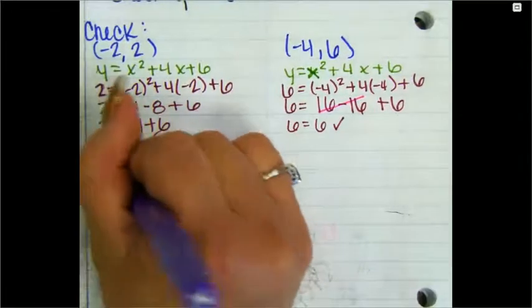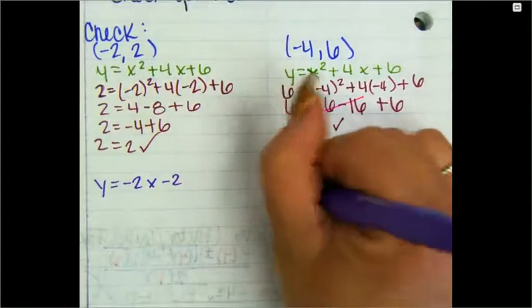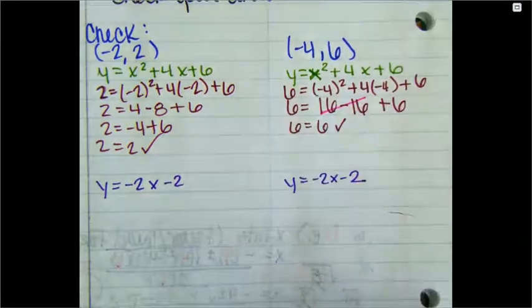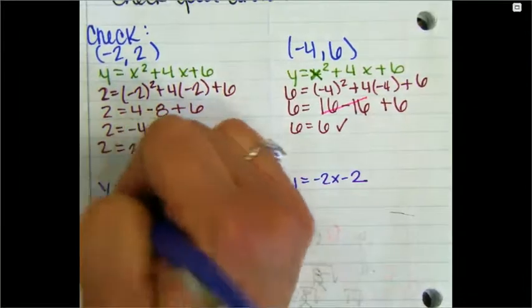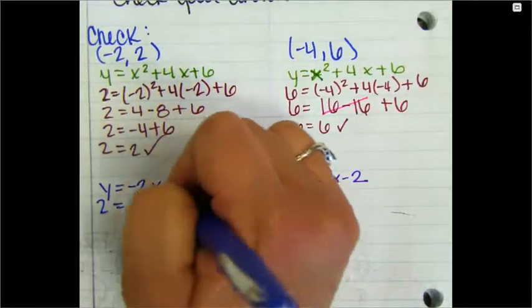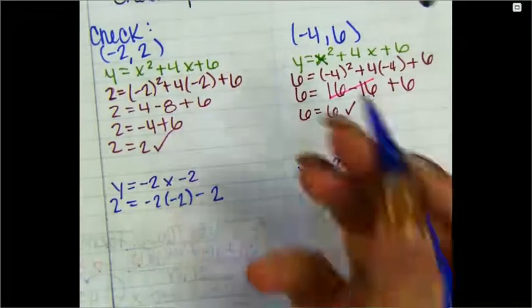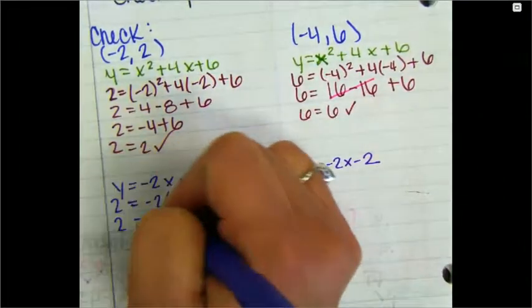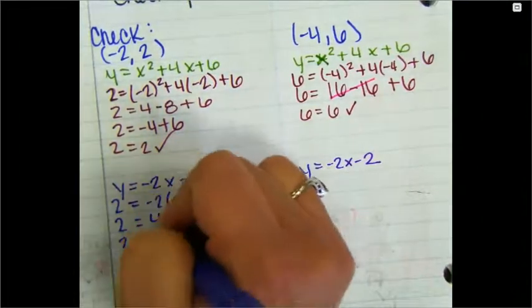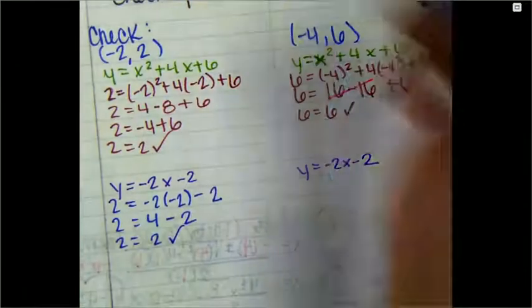So y equals -2x minus 2. So what is your y? It is 2 equals -2 times -2 minus 2. -2 times -2 is +4, minus 2 is 2. So far so good. We know that point does work. So I'm going to go ahead and put a little check there.